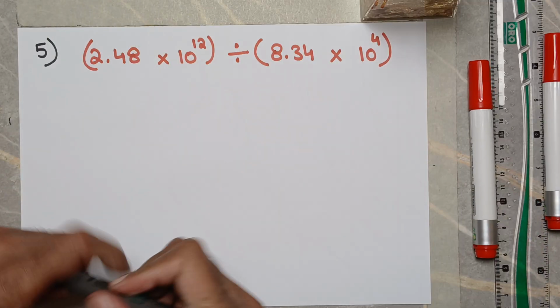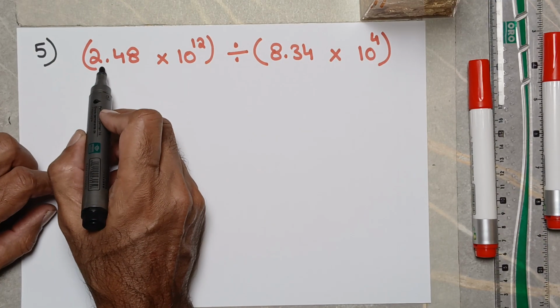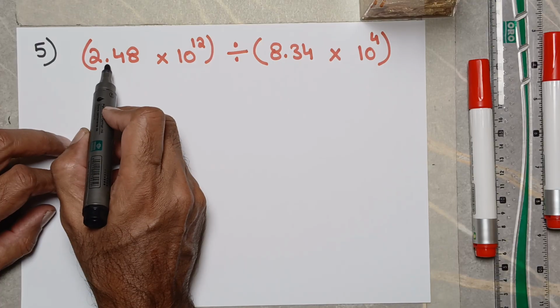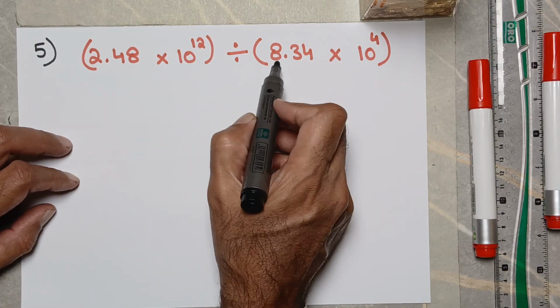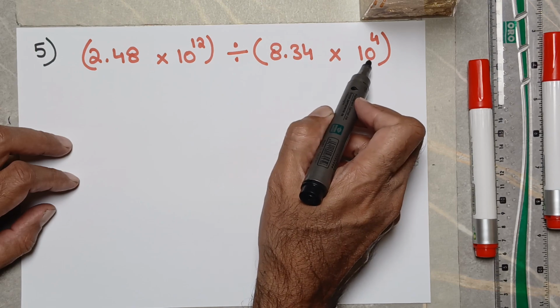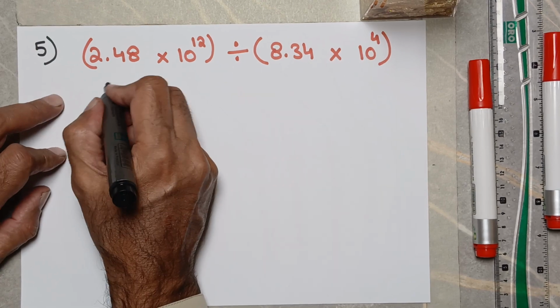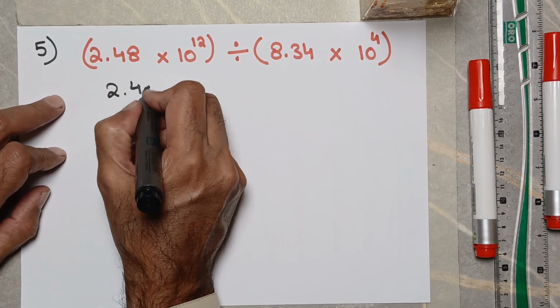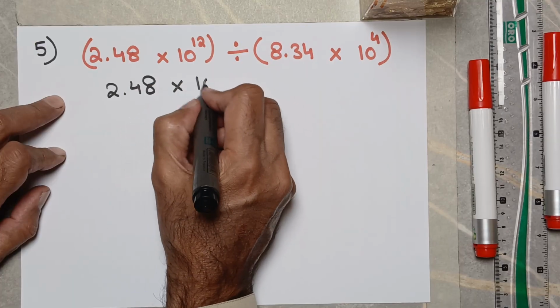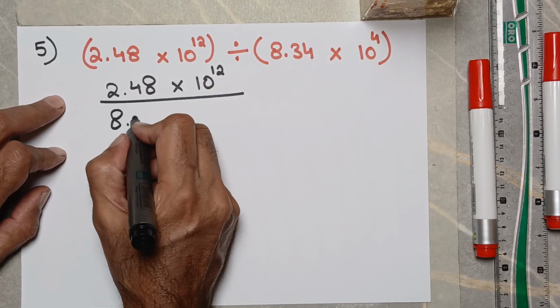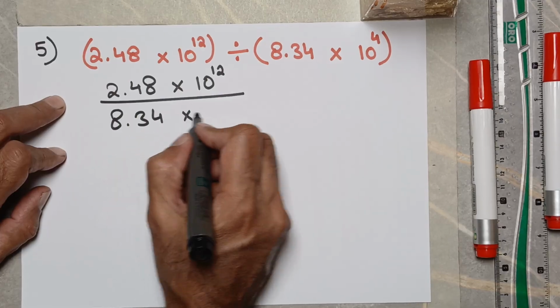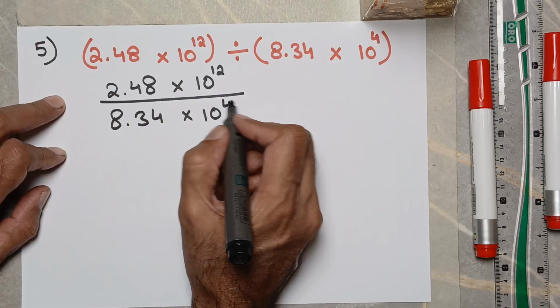In question number 5, we have 2.48 times 10 raised to the power 12 divided by 8.34 times 10 raised to the power 4.